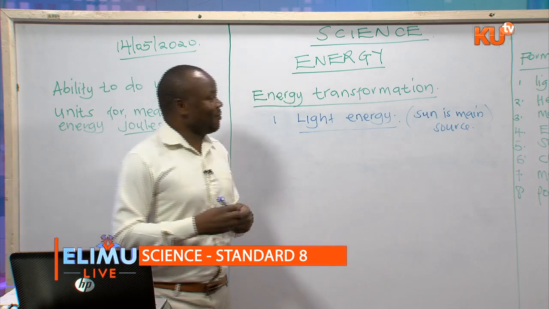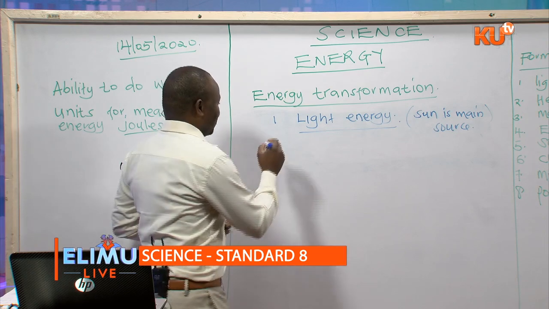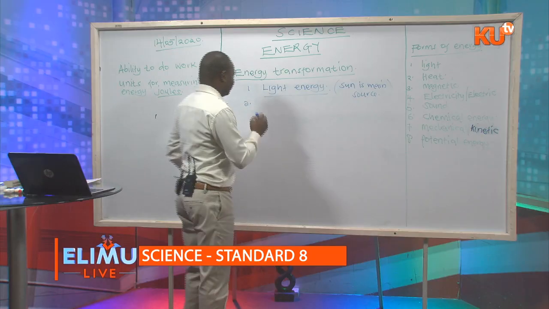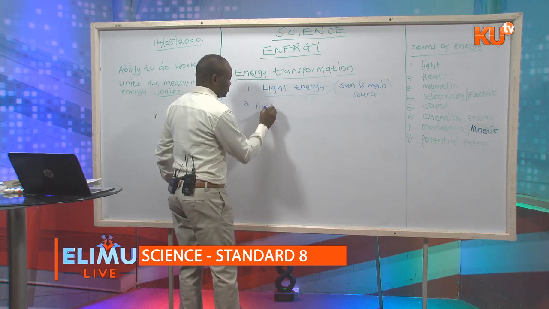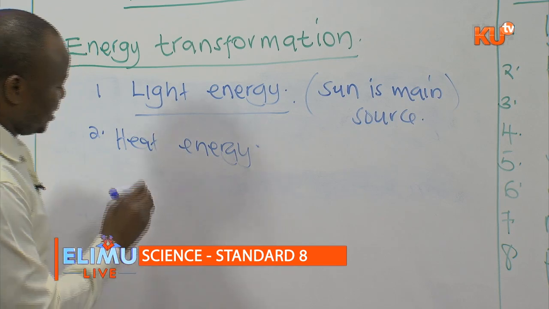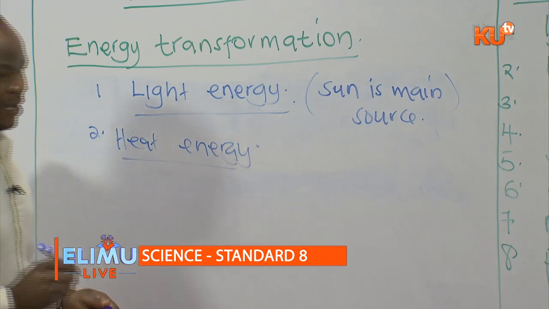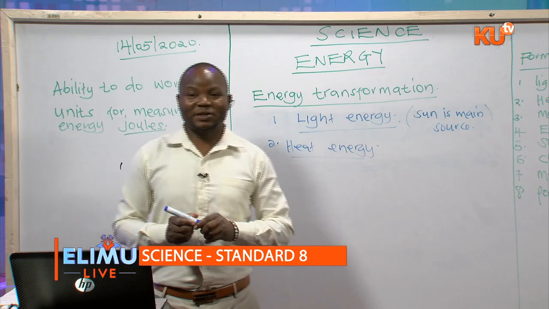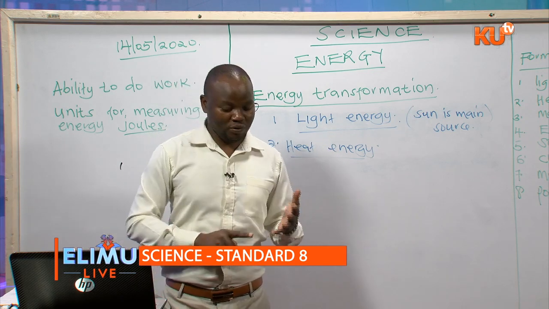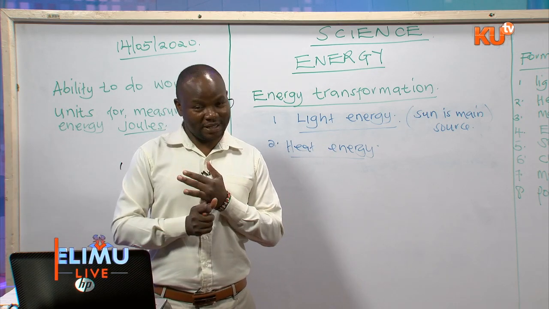Then, number two, we have the heat energy. Heat assists us to do so many things which the light cannot do. Light enables us to see.